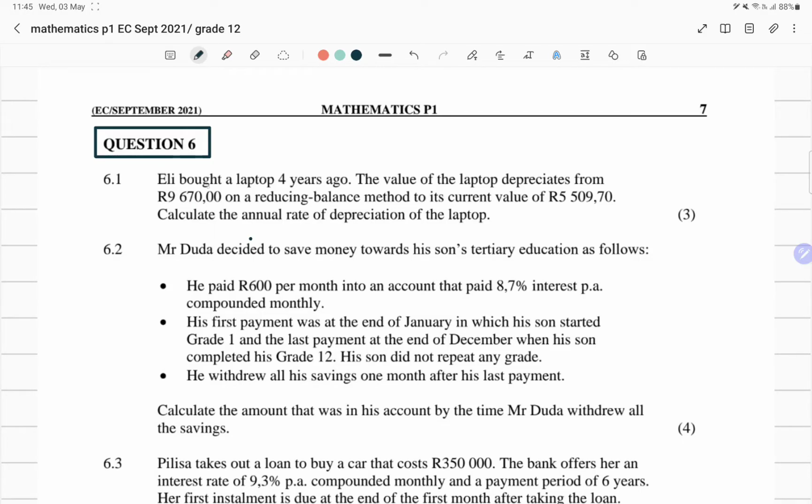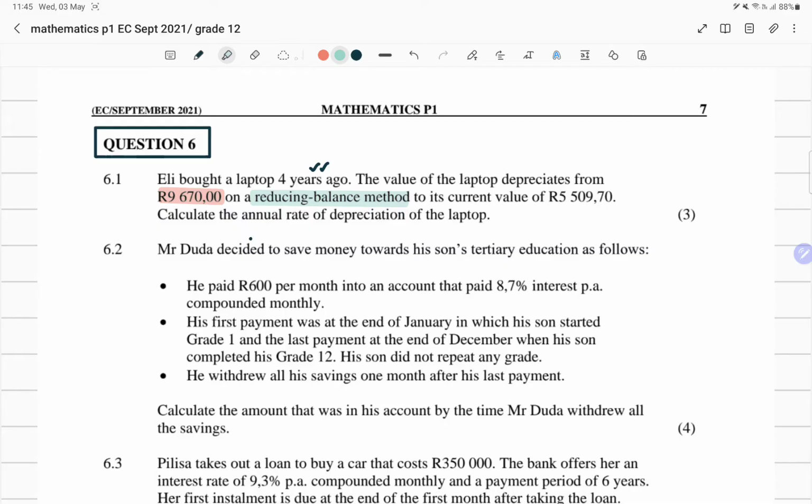It says now Ellie bought a laptop 4 years ago. So they're telling us the time frame. The value of the laptop depreciates from, now we can see that it came from this big amount right here, on a reducing balance. So again, we're being told what method is employed here.